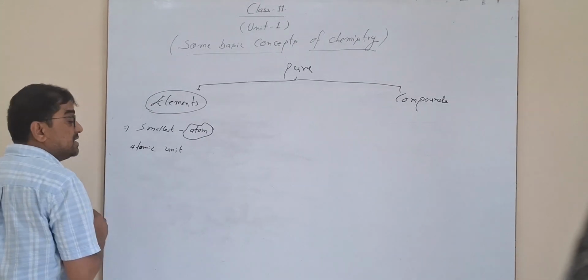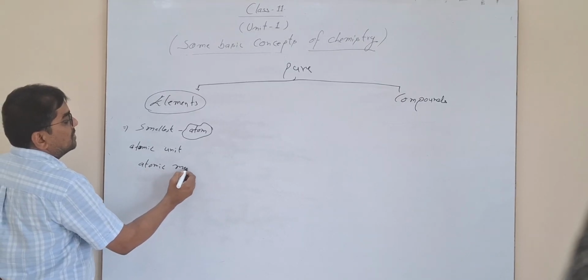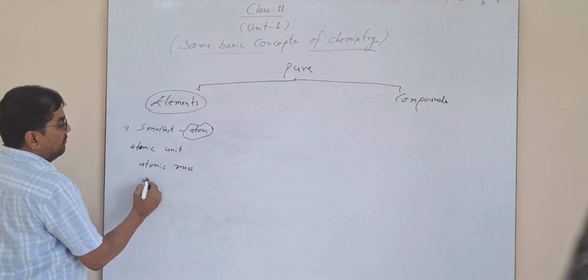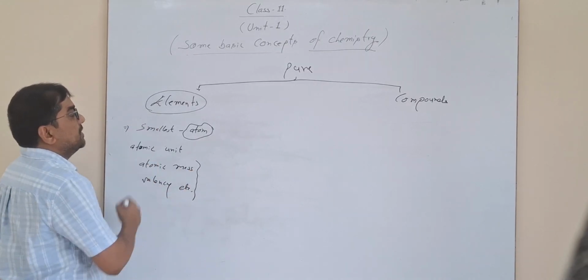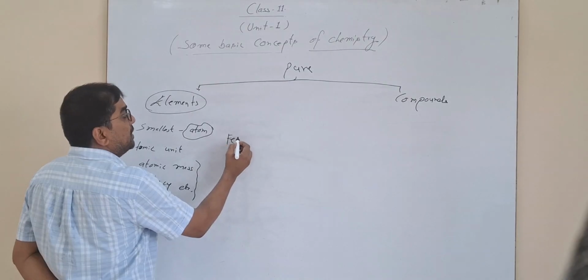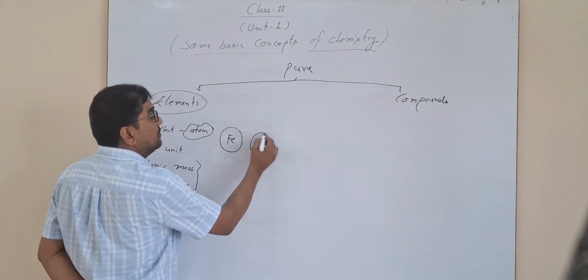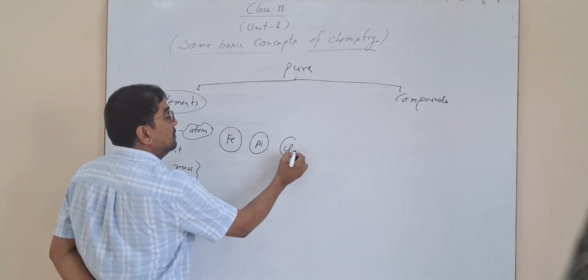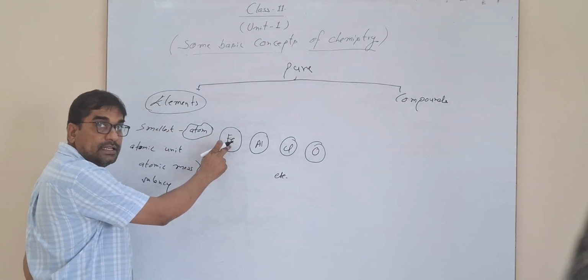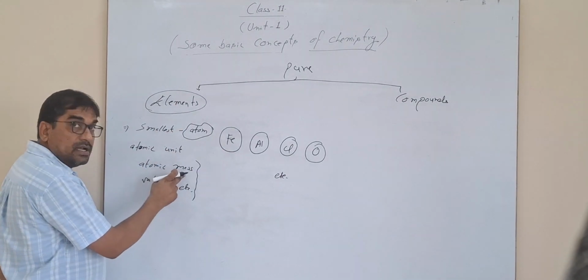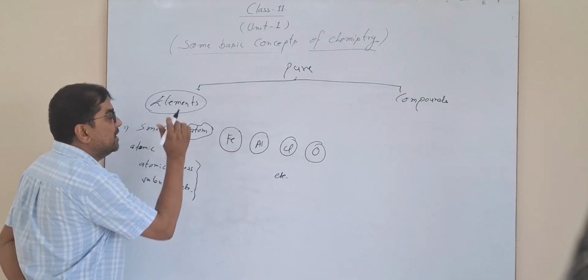Since in each atomic unit the same atomic mass, valency, etc. are present, in a particular element, like iron, aluminium, chlorine, oxygen, its atomic mass and valency will be the same in all the atoms of that element.